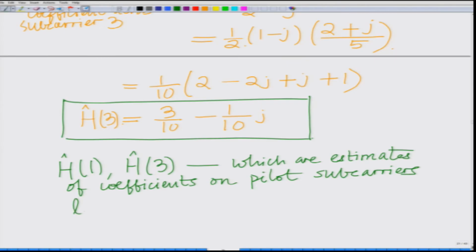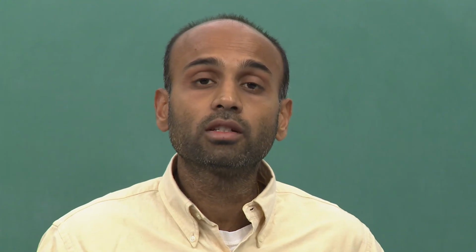Okay. And now, what is the next step? Remember, we looked at comb type pilot estimation. From the estimates of the channel coefficients on the pilot subcarriers, we compute the time domain estimates of the channel taps. Remember, that is the next step, and that can be illustrated as follows.